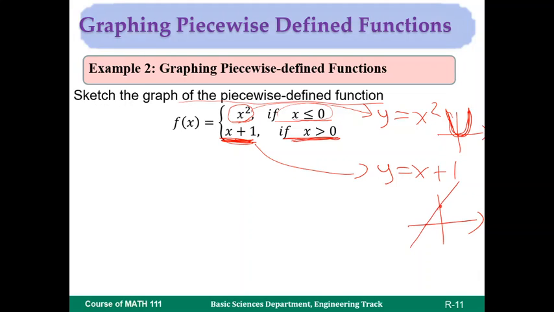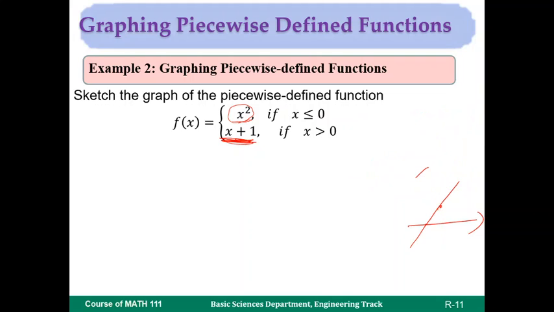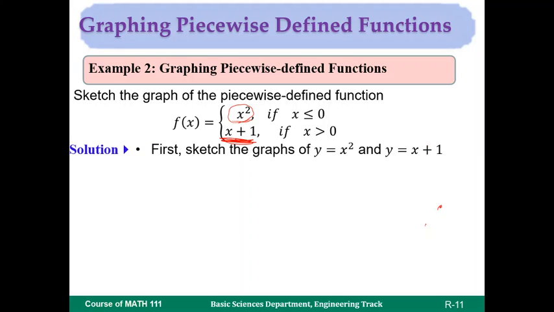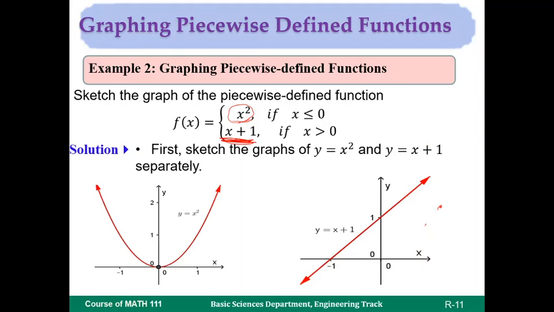Yeah, it's better you do their graph separately. Then you take the pieces and paste them together. First, sketch y equal to x squared, sketch y equal to x plus 1.